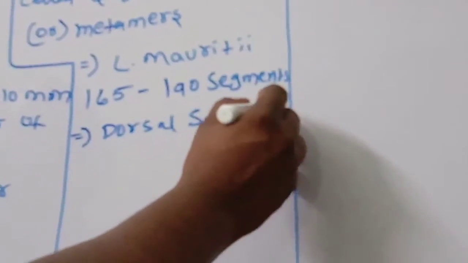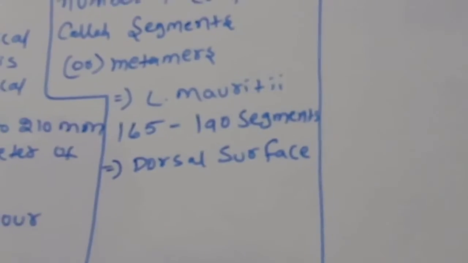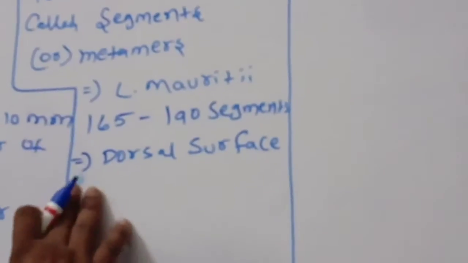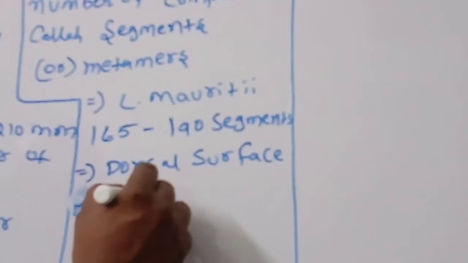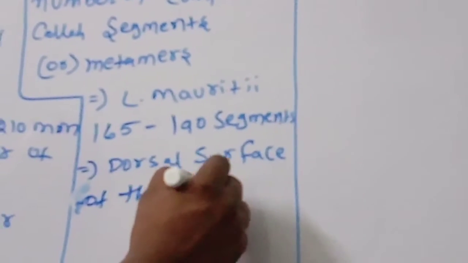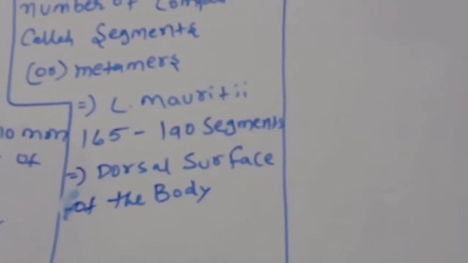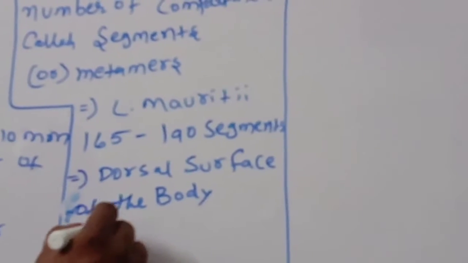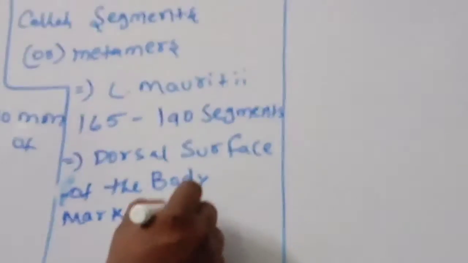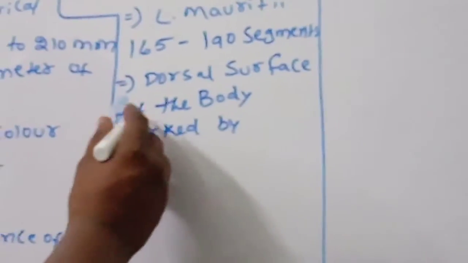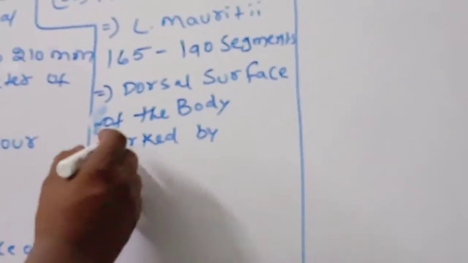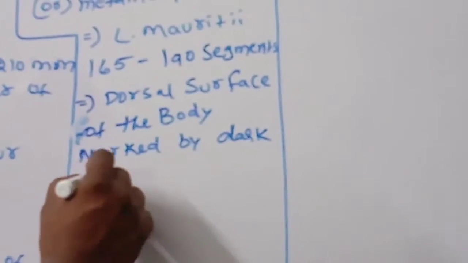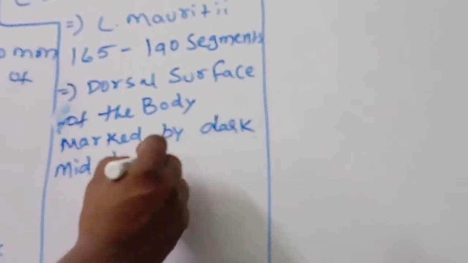The dorsal surface of the body is marked by a dark mid dorsal line.